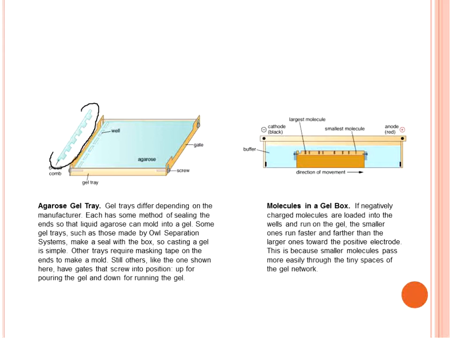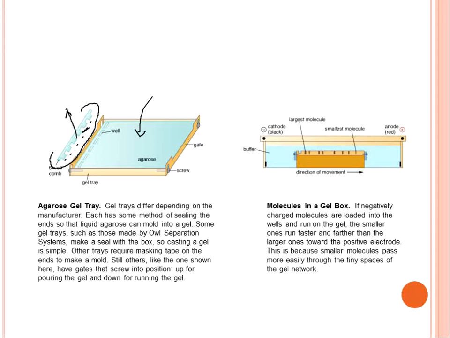You set the comb in here, and see the comb has these teeth in it. That's what is going to create the wells, the sample wells in your agarose gel. Okay, so the comb gets set in there. You pour the agarose solution, you let it cool down, and then you can remove the comb, and that will create the wells inside the gel.